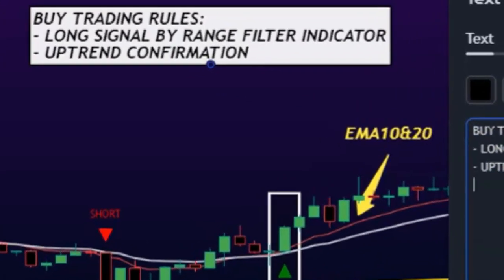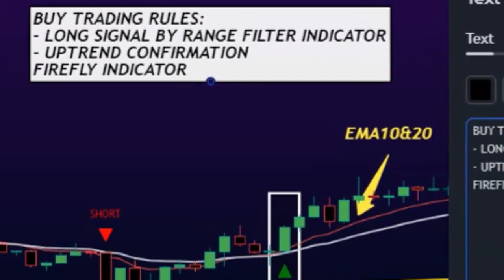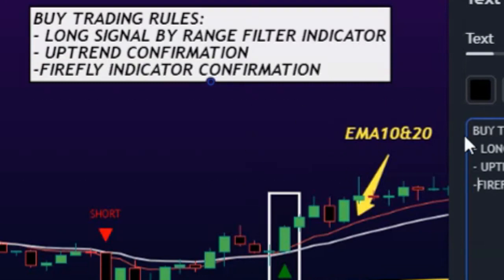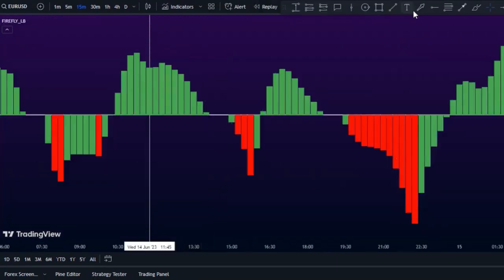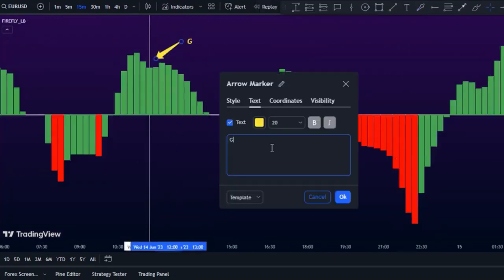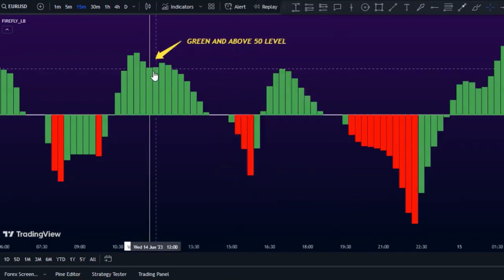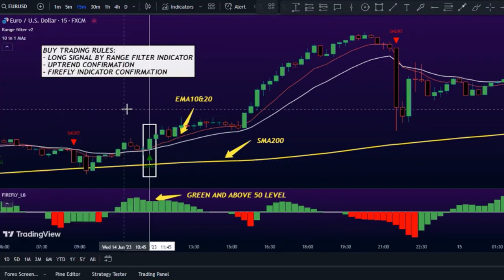Next, the Firefly oscillator histogram needs to be green and above 0, a second green light. Once all 3 of these boxes are checked, it's time to get in.